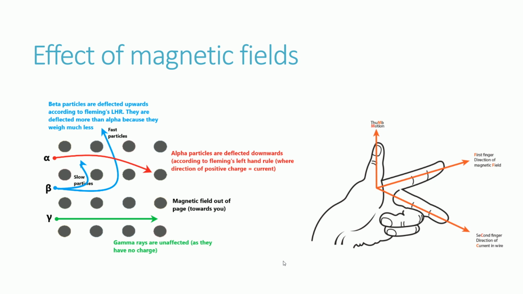We know that gamma rays don't have any charge, so they shouldn't be affected at all within a magnetic field, but alpha particles are positively charged and beta particles are negatively charged, so when you have a movement of alpha or beta particles through a magnetic field, you can consider that to be a current, and therefore you'll get the same sort of electromagnetic effects that we talked about in the topic.